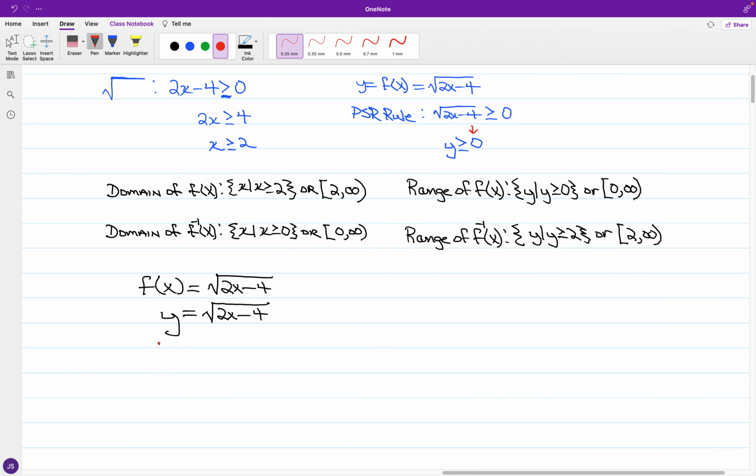And once again, interchanging the variables, we'll come out to x is equal to the square root of 2y minus 4.